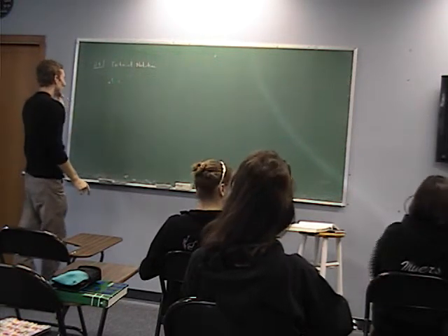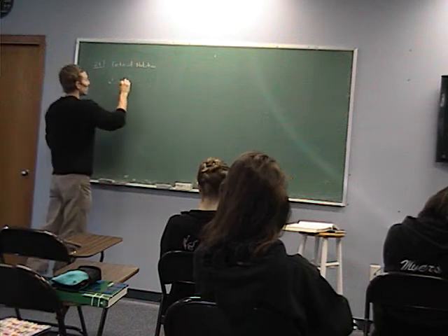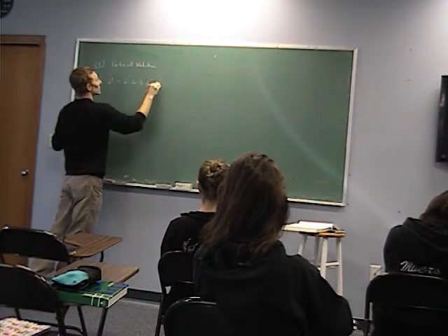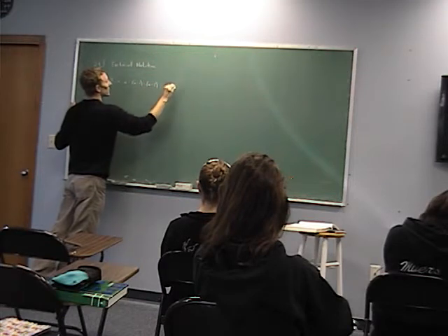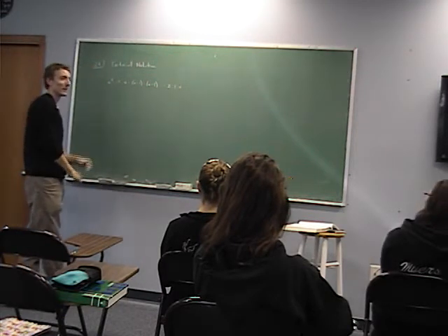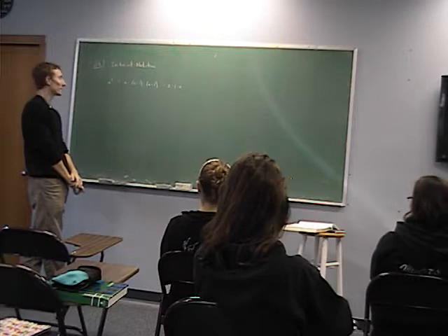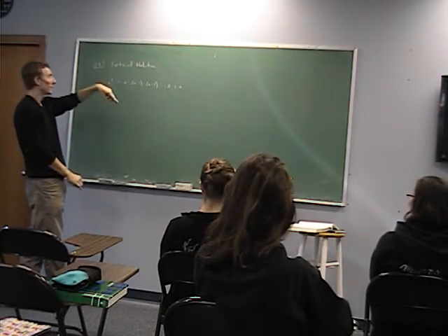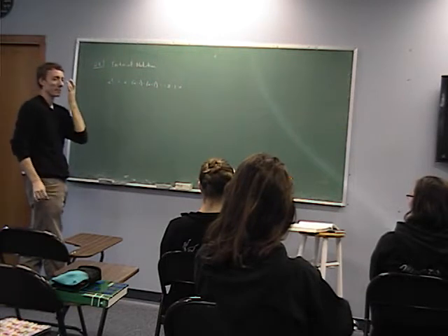No. When you have the exclamation point at the end, you just take n times n minus 1 times n minus 2 times, until you get down to times 2 times 1. That's all it is. So you basically multiply all of the positive integers less than that number together.